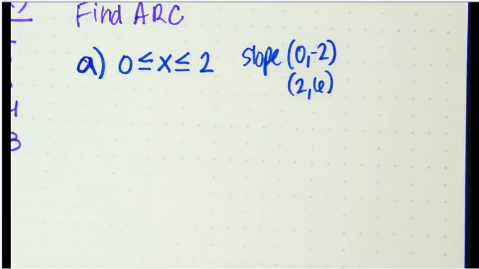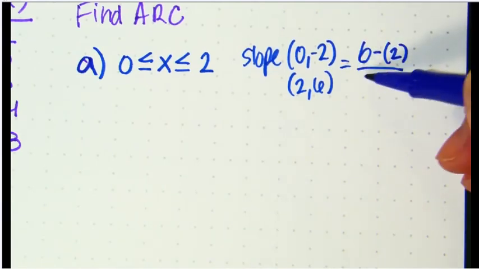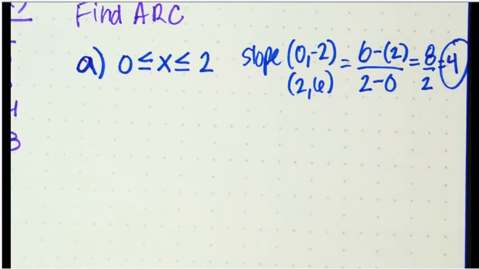So go ahead and do that, and see if you get the same thing I do. Did you get 4? All right.